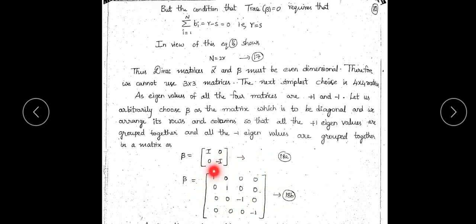So this is the beta matrix we could have. This is the compressed form of this matrix. Simply this matrix could be written as I 0 0 minus I, where I is a 2 by 2 identity matrix and 0 is a 2 by 2 null matrix. So this is the best possible beta matrix we could have based on these eigenvalue conditions.